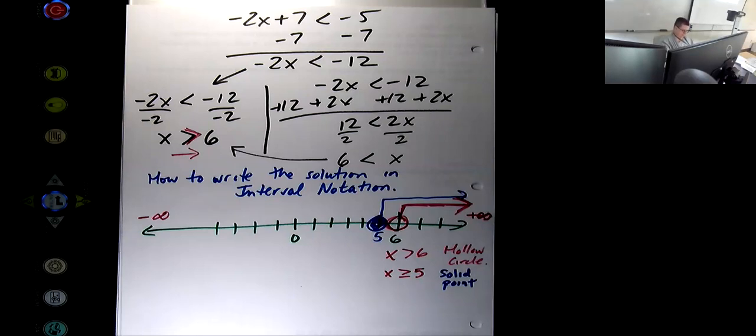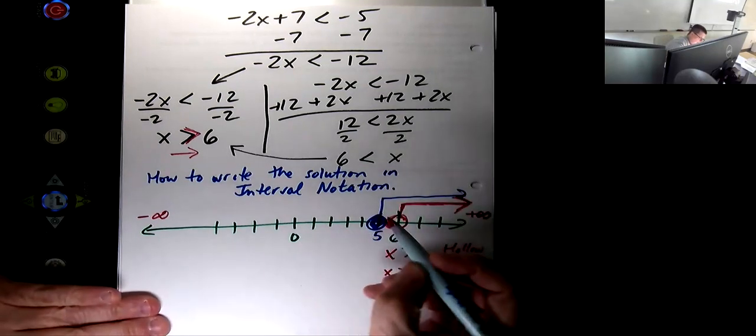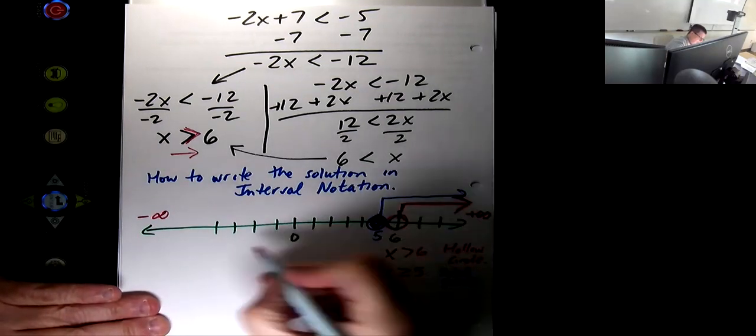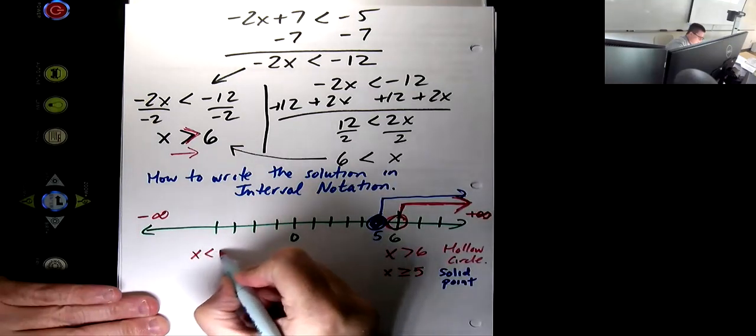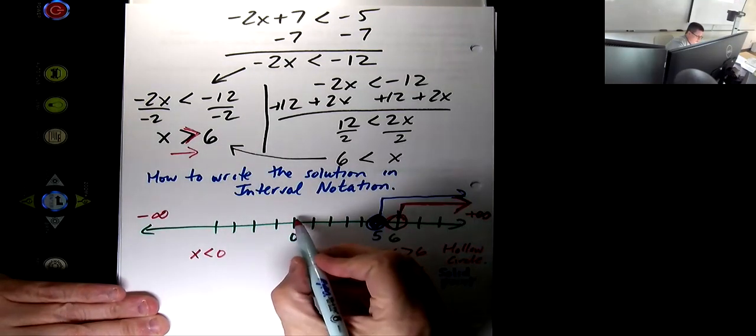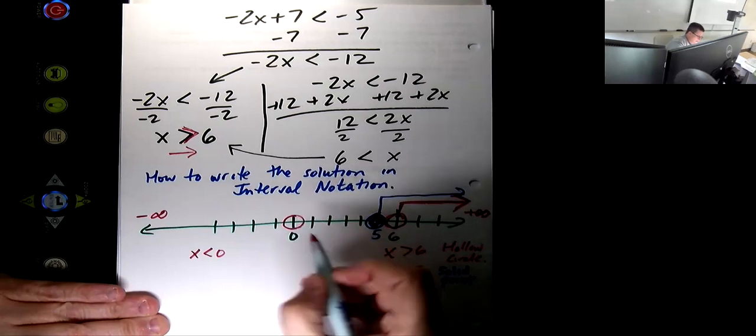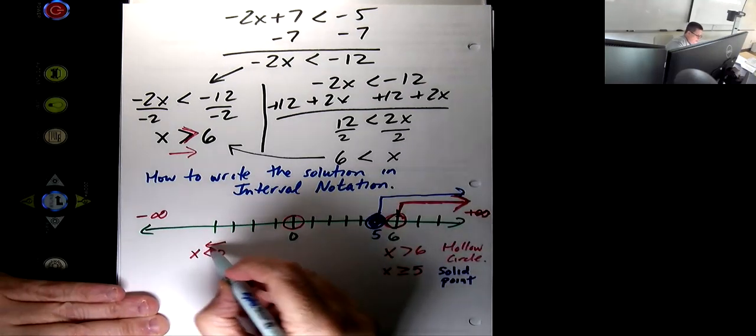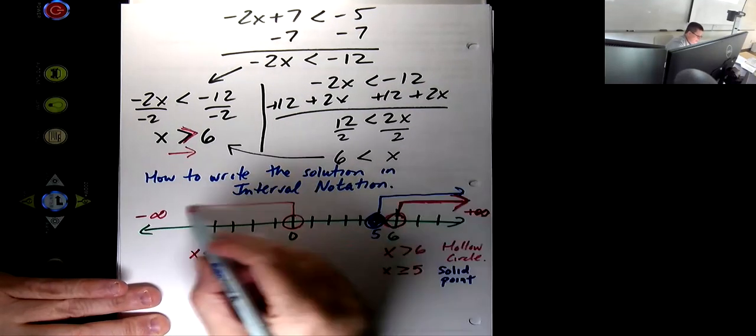Same is true on the left. If I had X is less than 0, I put a circle on the 0, and this acts like an arrowhead pointing left. I do this.